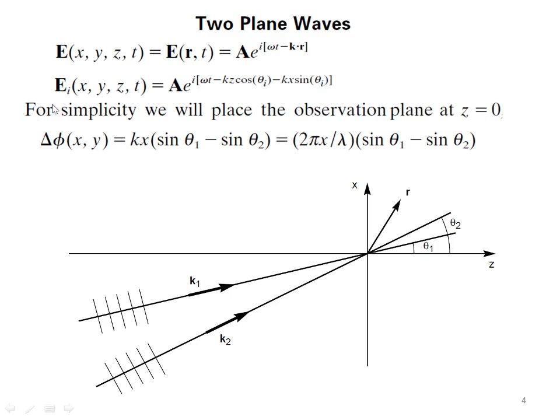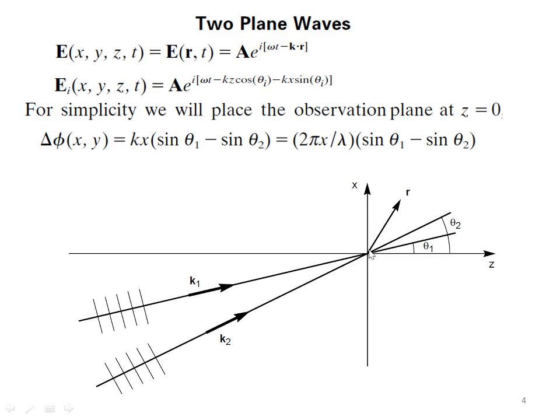Similarly, what will be E2? Electric field associated with this second wave or second beam, that will be equal to a e raised to the power iota omega t. Because screen is at 0, so z is equal to 0. So now we are trying to describe electric field on various parts of the screen. That's the meaning of putting z is equal to 0.